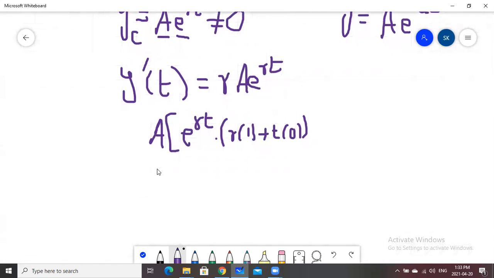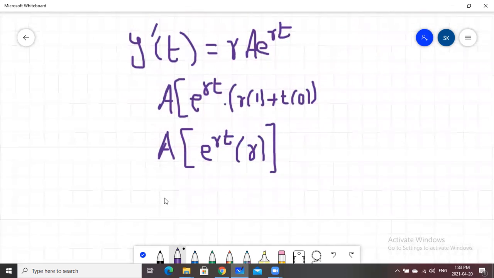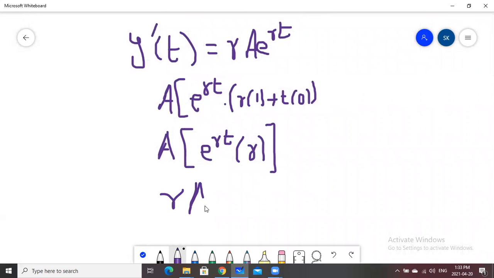Therefore it will become a e raised to power rt into r, that is r multiplied by 1 is equal to r. Therefore if we further open this, we get r a e raised to power rt. This is the first order derivative of this function, that is y prime of t is equal to r a e raised to power rt.